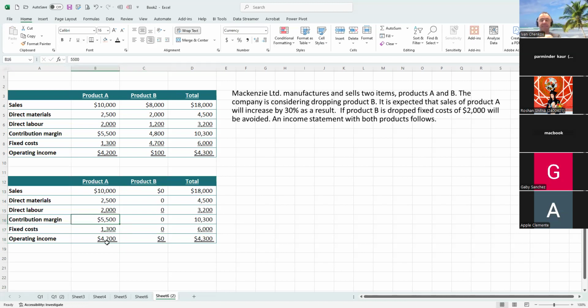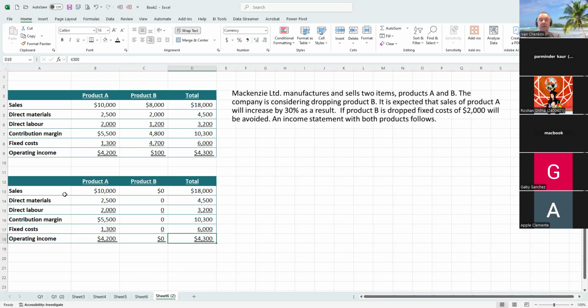Make sense? Yes. Fixed cost is that one, and this one is going to be this one minus that one. Okay. Now what's happening now?